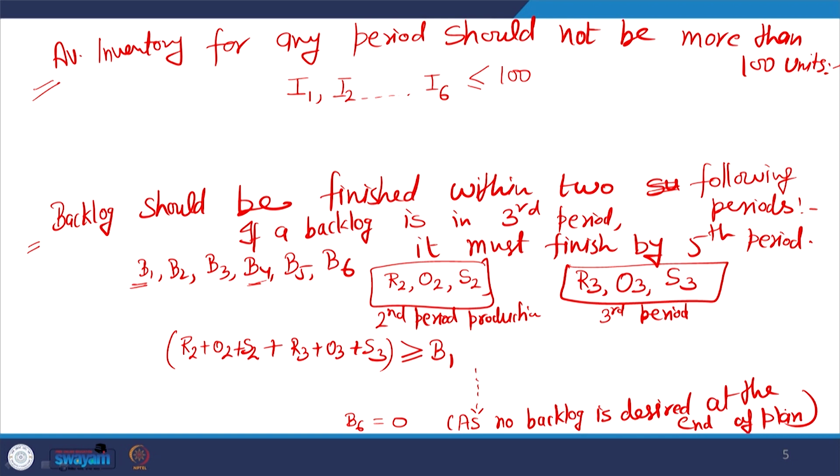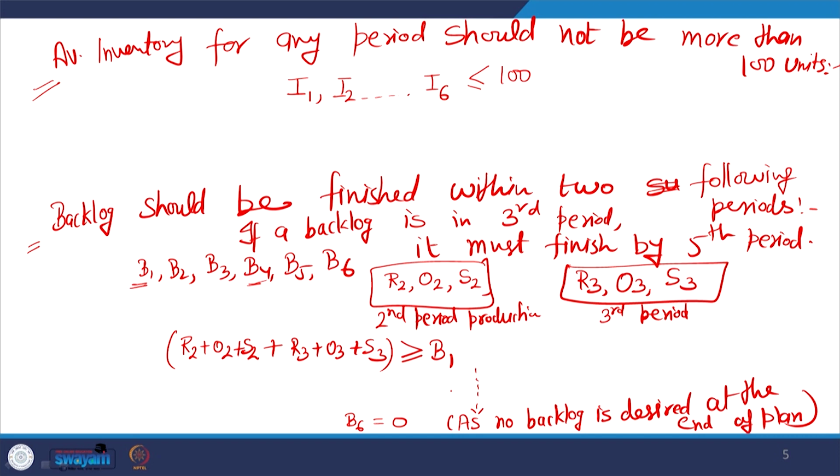So, when no backlog is desired at the end of the plan, we have B6 equals 0, and before that we will have multiple such equations where you have different equations for different levels of backlog.